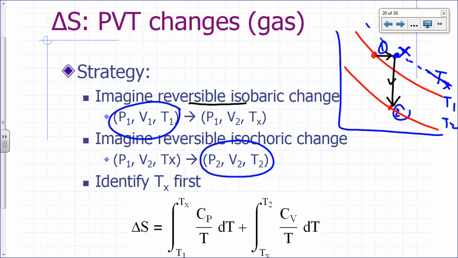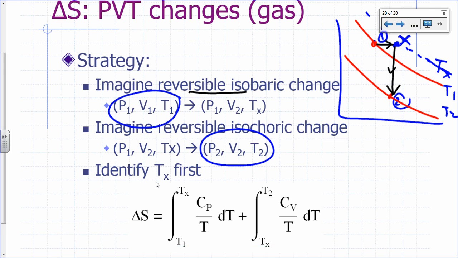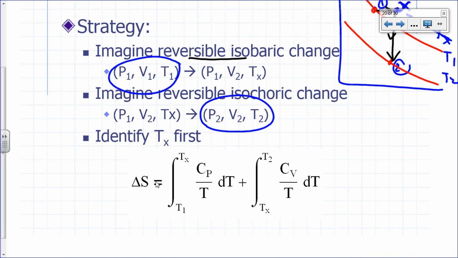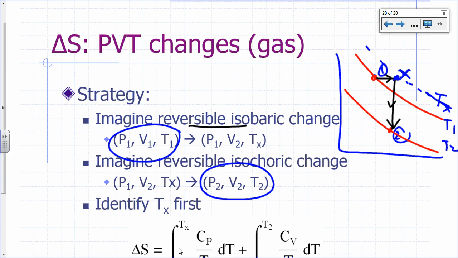And so the delta S for that would be delta S for step 1. What's delta S for step 1? Isobaric. So this is delta S at constant pressure, and the pressure here happens to be P1. And then this is delta S for constant volume, where the volume is now going to be V2. The integral of Cp dT over T would be the delta S for step 1 right here.